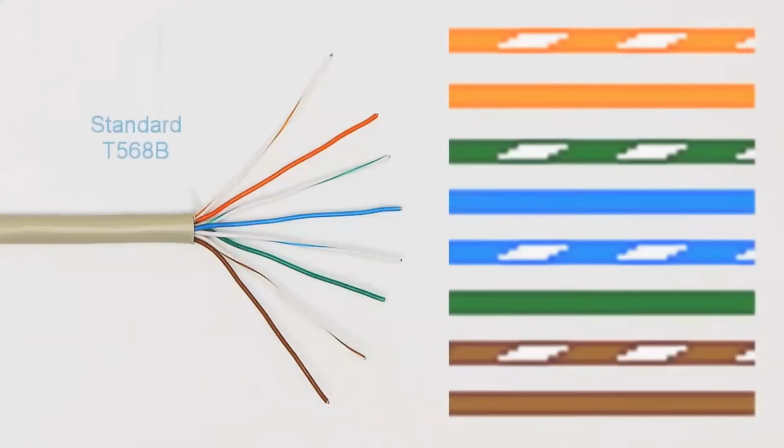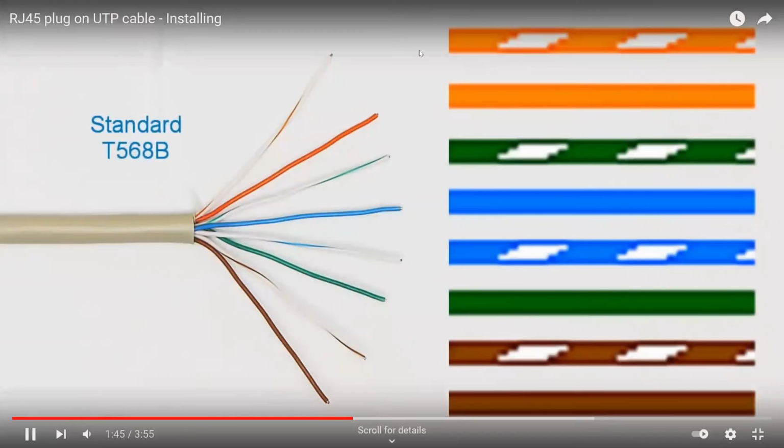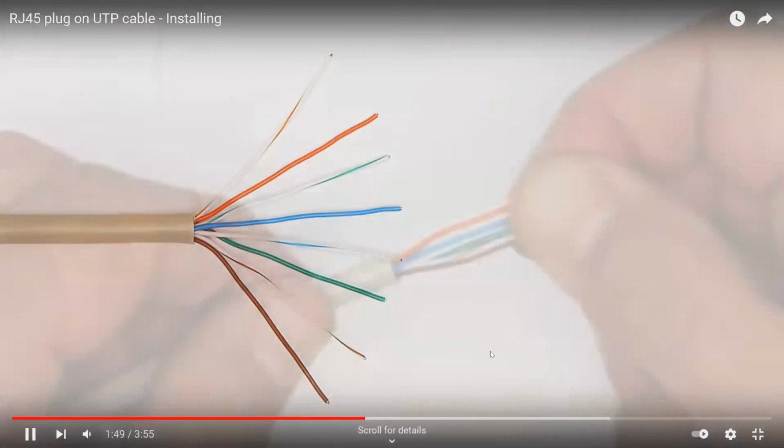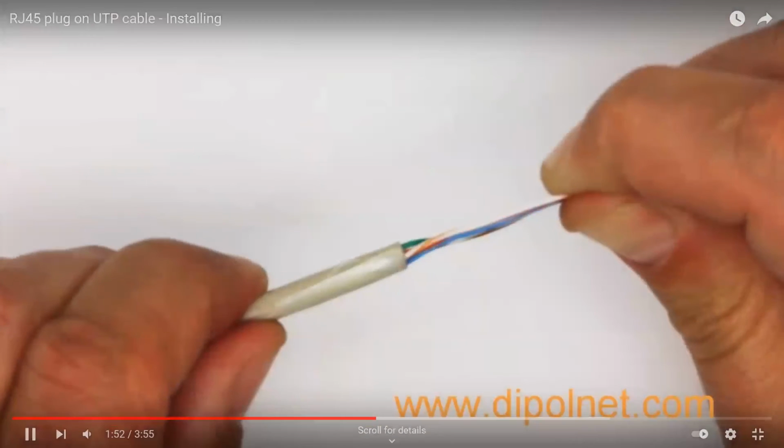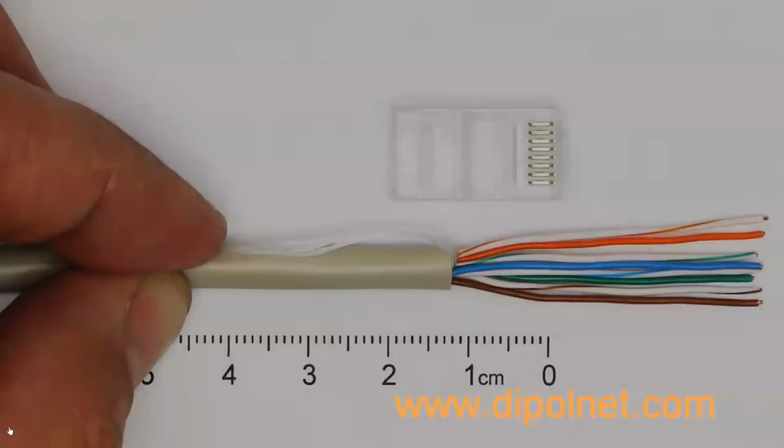So total 8 wires we have: white orange, orange, white green, blue, white blue, green, white brown, and brown. So the cable is arranged in that format.